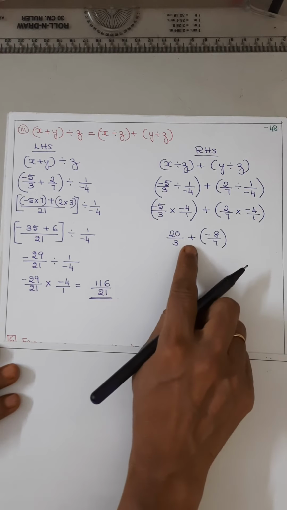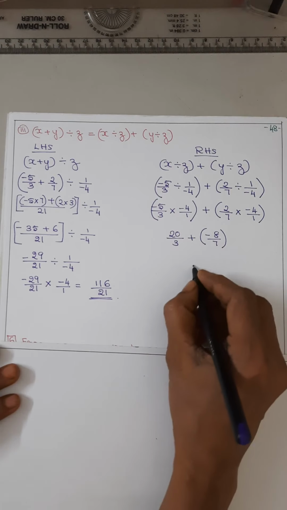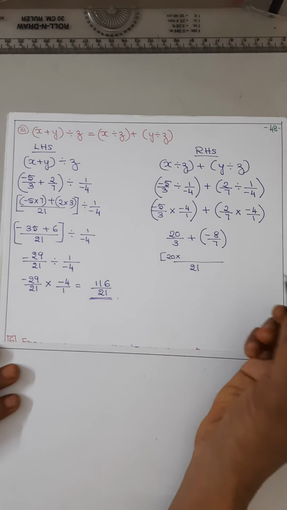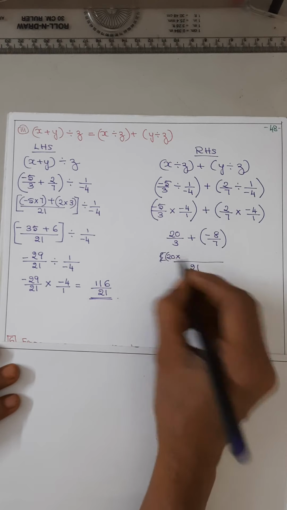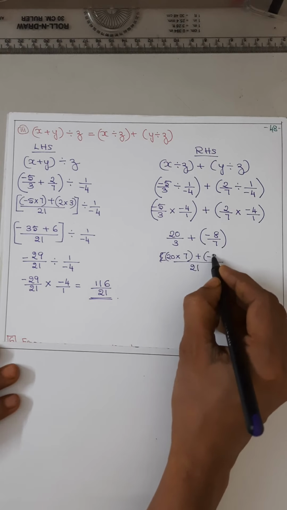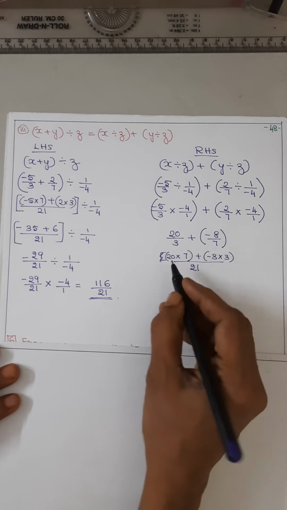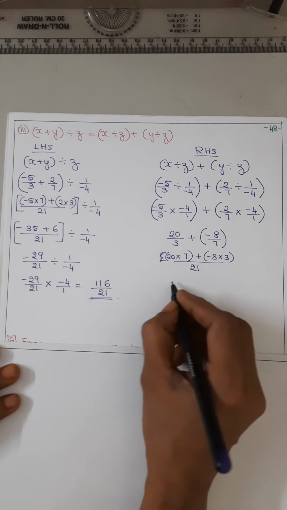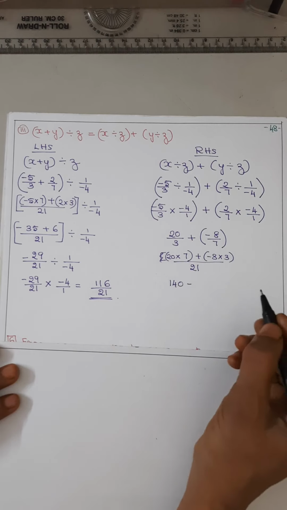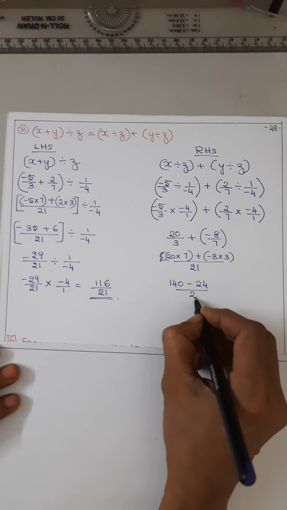Now it is addition, so what do we do? LCM. 3 and 7 21. 20 into, sorry, it is 3 7s are 21 plus minus 8 into 7 3s are 21. So 20 into 7, that is 140, plus minus minus 8 3s are 24 upon 21.